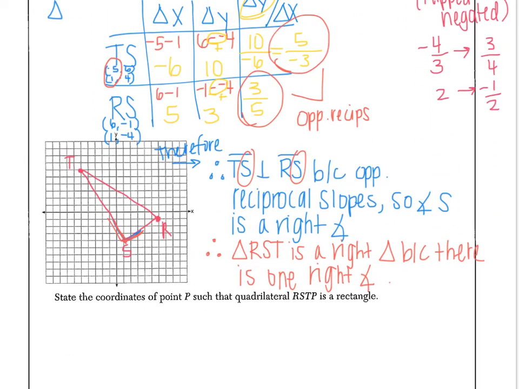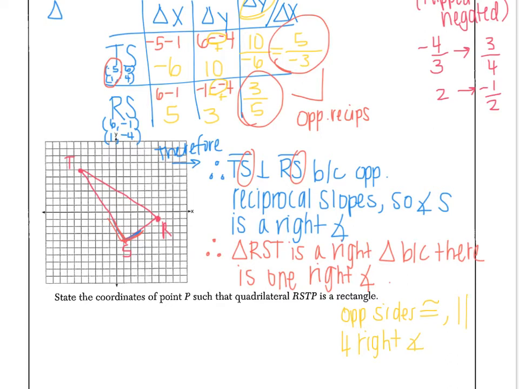So the second part says state the coordinates of P such that quadrilateral RSTP is a rectangle. Now in order to be a rectangle, I need opposite sides congruent. And I need 4 right angles. Those opposite sides also need to be parallel.